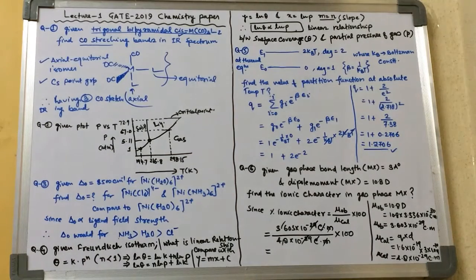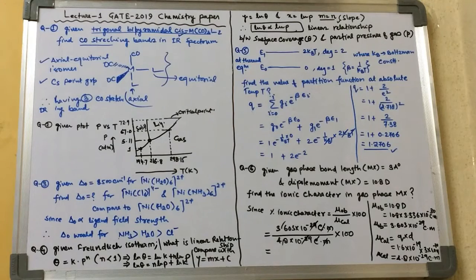So next question, question number 2. The question says, consider the following phase diagram of CO2 at equilibrium, and we have to find the incorrect statement.